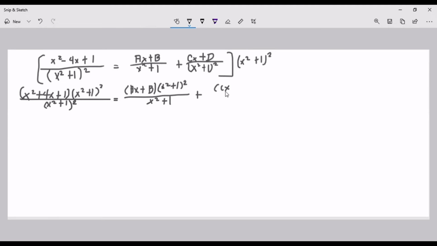So we have ax plus b times x squared plus 1 squared all over x squared plus 1, plus the numerator of the second factor multiplied to the LCD, then divided by its denominator.